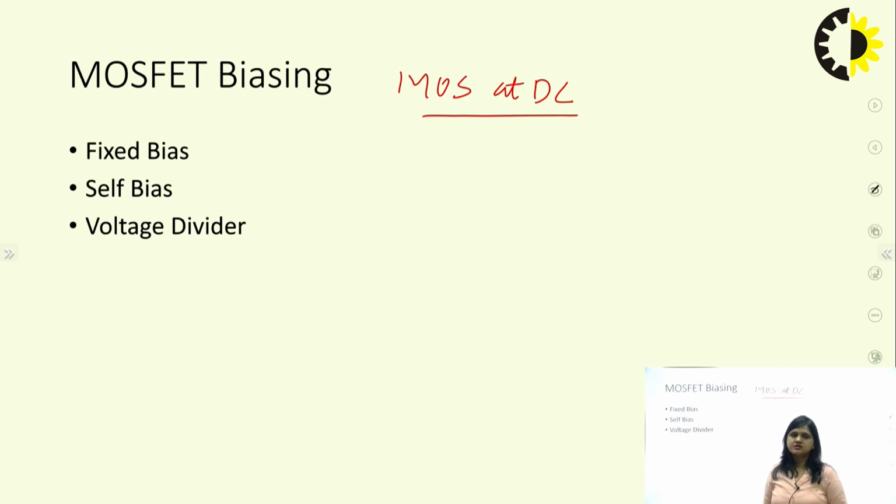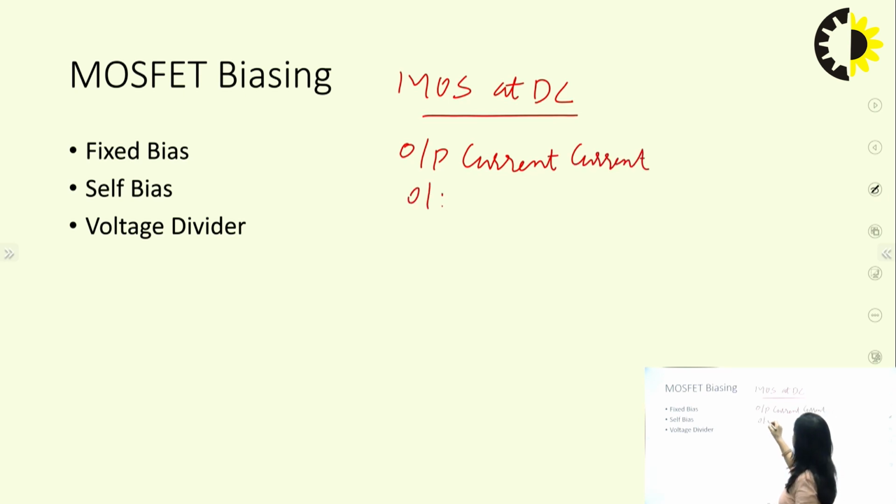Then, if there is any input signal AC source, the AC source should be isolated from the circuit, because we are actually calculating the DC points. These operating points mean output current and output voltage.